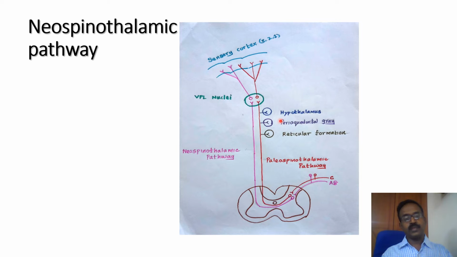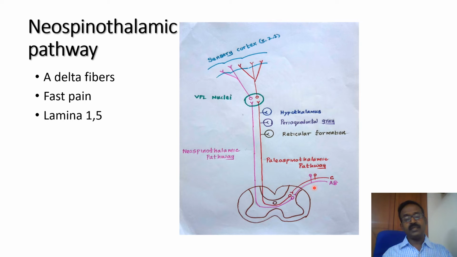The neo-spinothalamic pathway is carried by the A delta fibers and carries the fast pain. It is in the dorsal horn of the spinal cord.